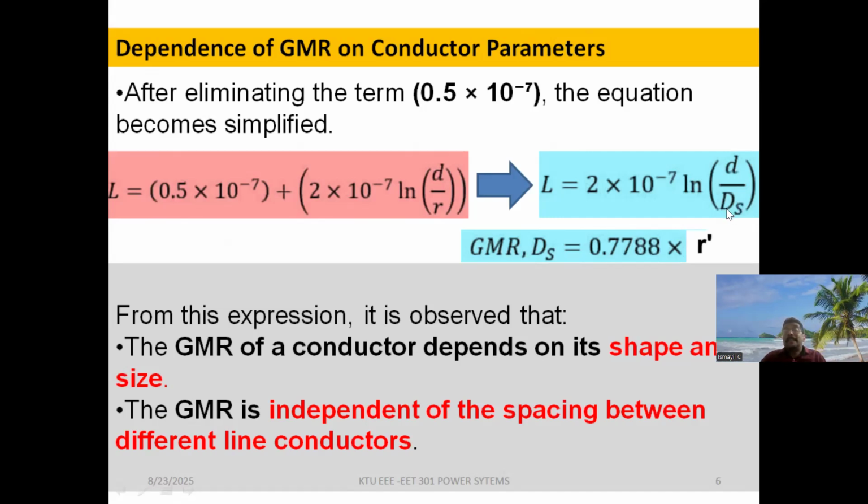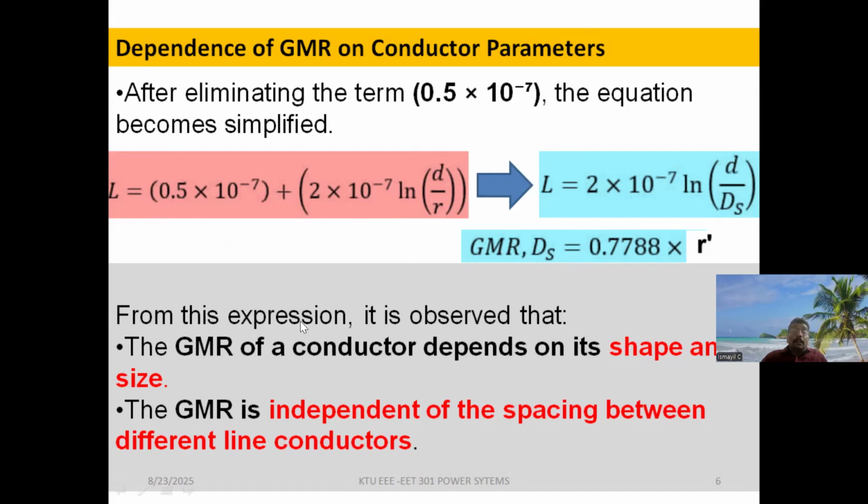But Ds is the GMR or self-GMD, which is given by 0.7788 into r. Sorry, there is no r dash, this is r only, it's a mistake. Ds is usually represented by r dash.